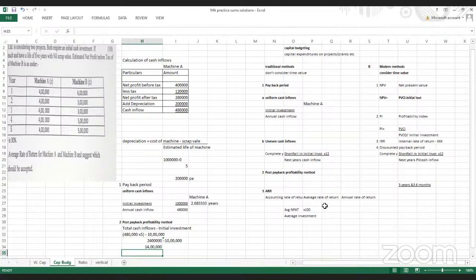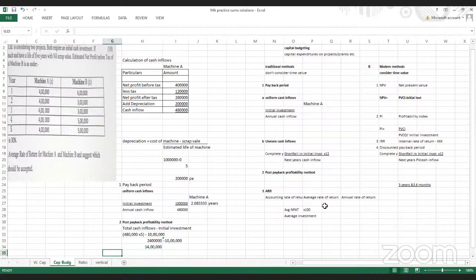So the net amount, 14 lakh, is your post payback profitability. It means after paying back your capital, how much is the profit? So we have inflow of 24 lakhs, and if I repay 10 lakhs as capital, still my profit is 14 lakhs. Clear? Very simple formula, easy to remember.